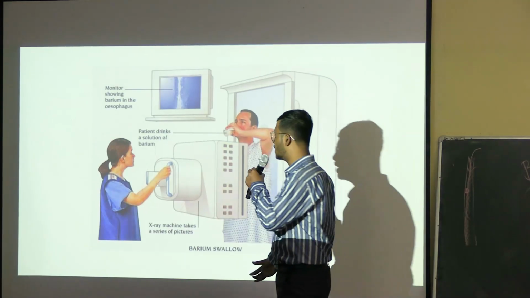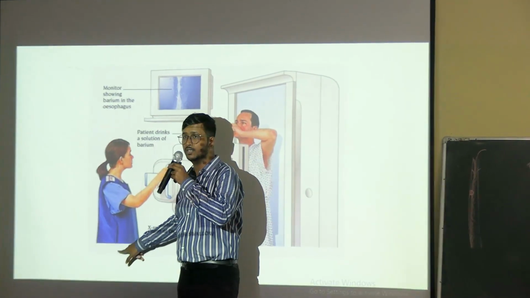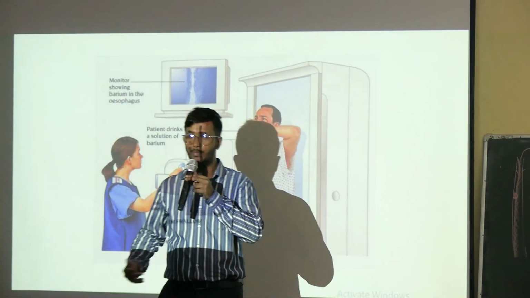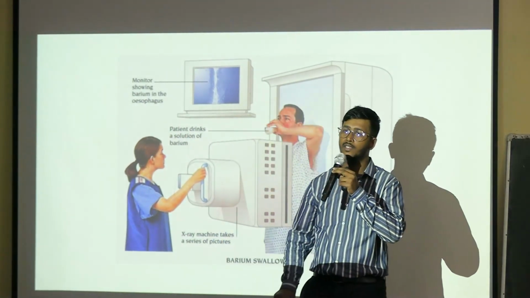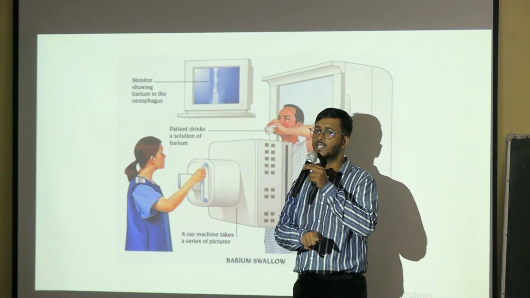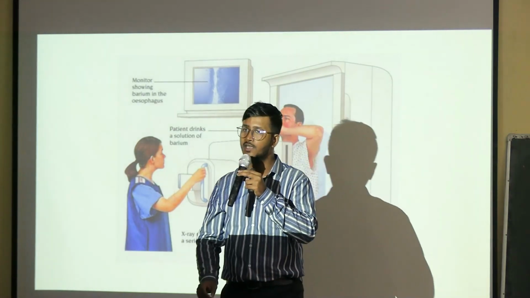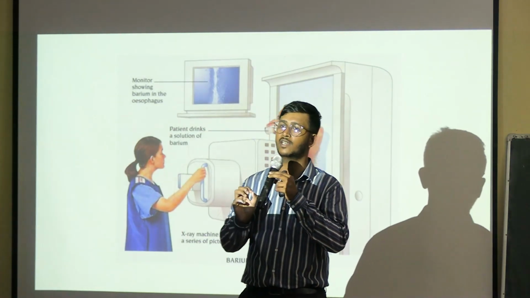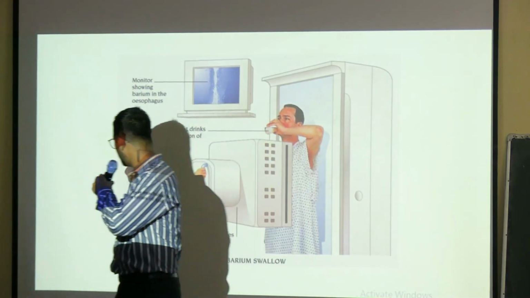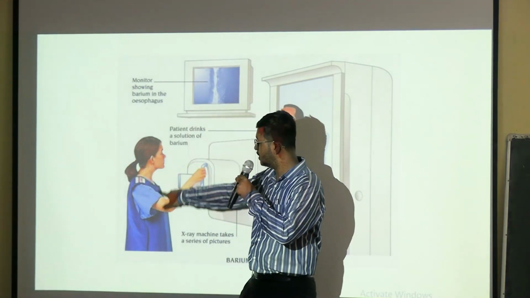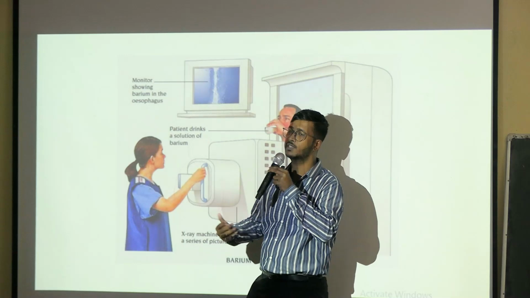These are also worn by your orthopedician, because in orthopedics operation theater you will see that there is a big C arm, in the shape of C. That C arm contains X-rays. So in orthopedics operation theater also, they wear this type of apron. This apron protects the body from X-ray radiation.